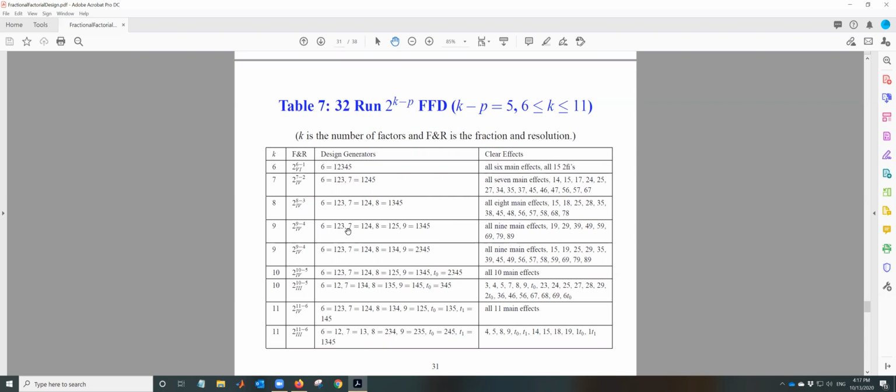And then 6 equals, 7 equals, 8 equals. Those are the design generators. That means you don't need to specify the level of 6. It just equals 1, 2, 3. And you can see that the first design has 9 main effects, but has fewer 2-factor interaction clear effects than this one. So that's why both of them are given.